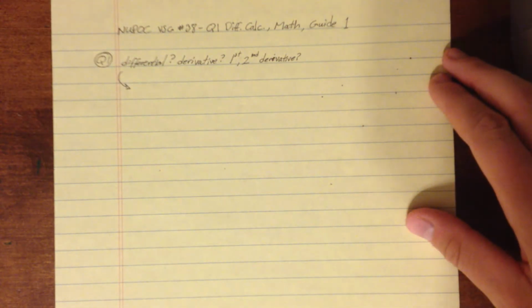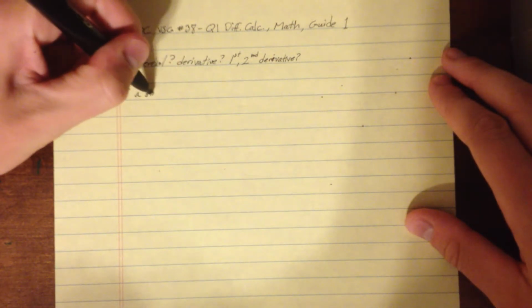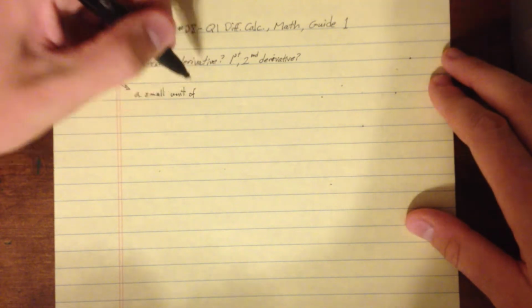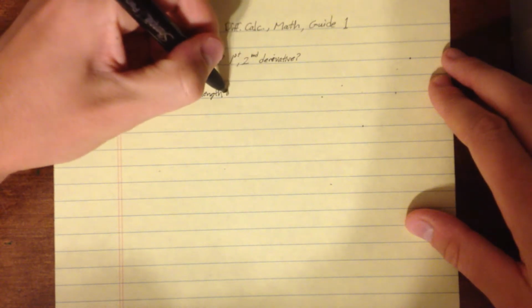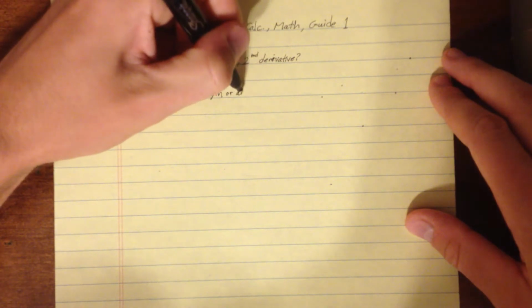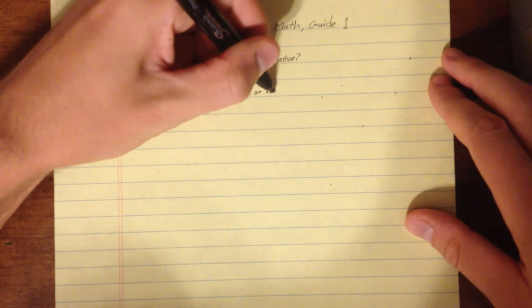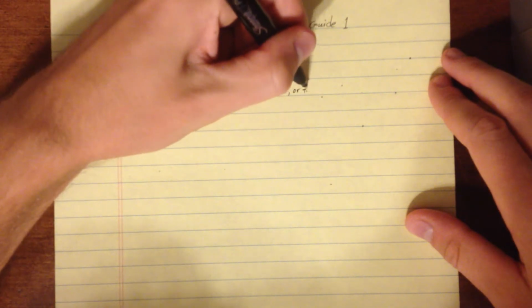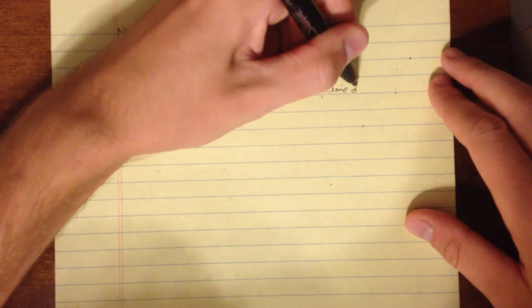A good way to think about it, though, is a differential is just a small unit of length or area or volume or time. It's just some dimension. It's just a very small, infinitesimally small value of some dimension, right?